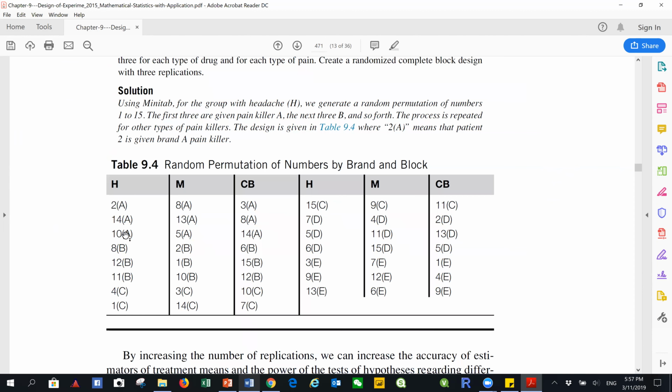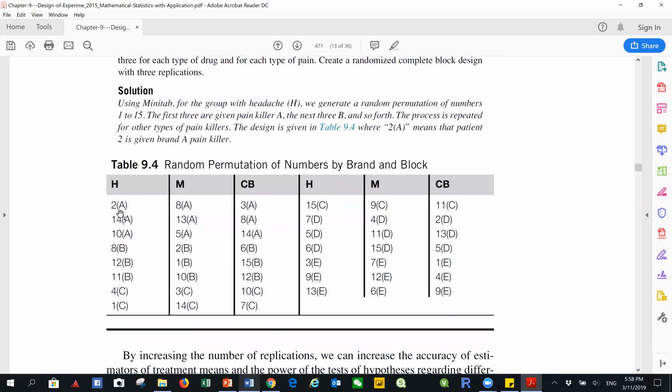Let me see, 1, 2, 3, 4, 5, 6, 7, 8. I think this table is not exhausted because each column is too long, so they cut it in two and put it side by side.